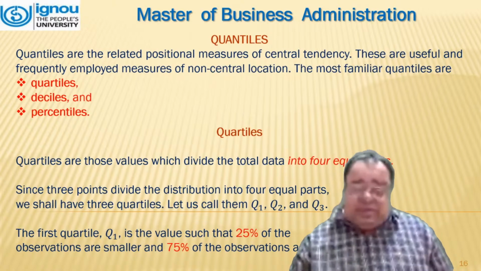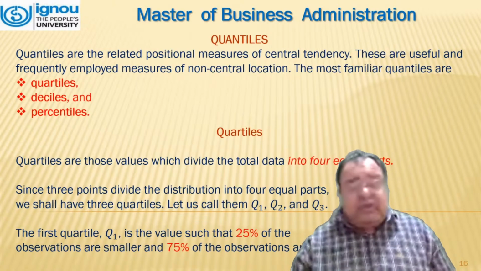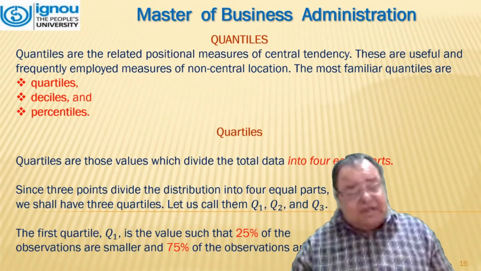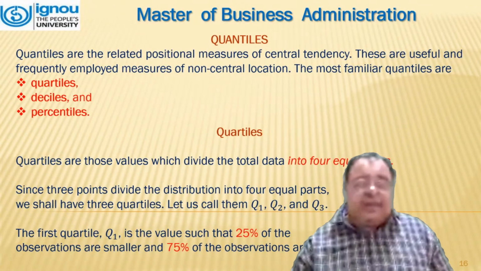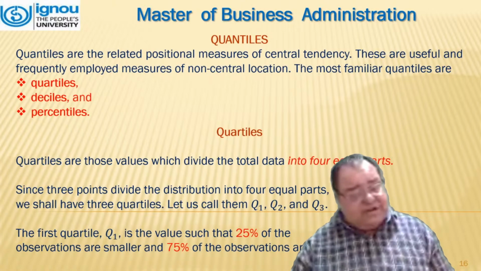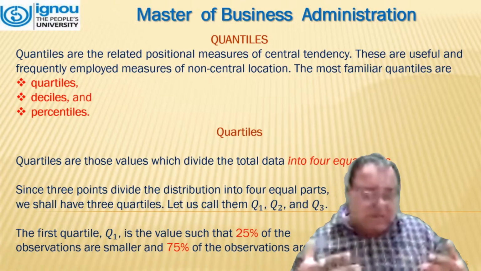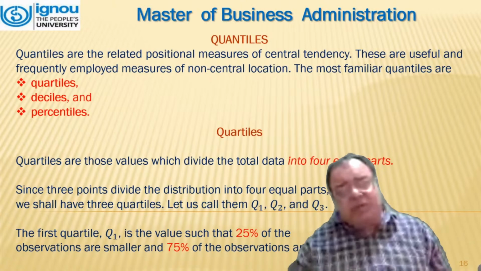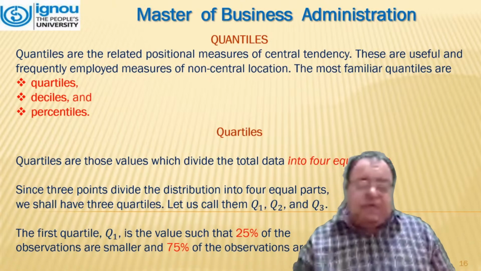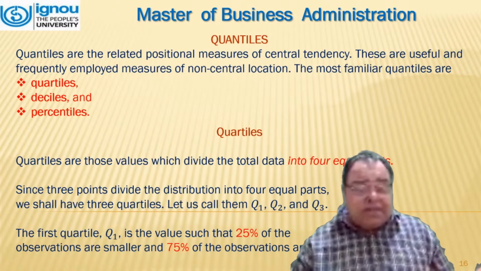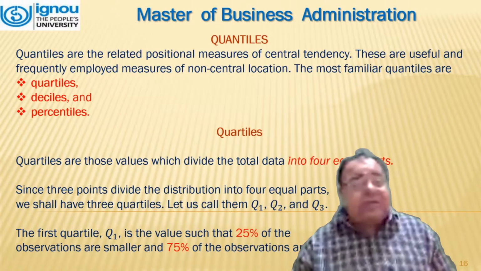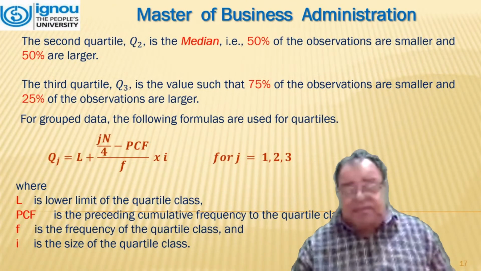Since 3 points divide the distribution into 4 equal parts, we will have three quartiles and we name them Q1, Q2, Q3. Now what actually do these Q1, Q2 and Q3 mean? The first quartile Q1 is the value such that 25% of the observations are smaller and 75% of the observations are larger.